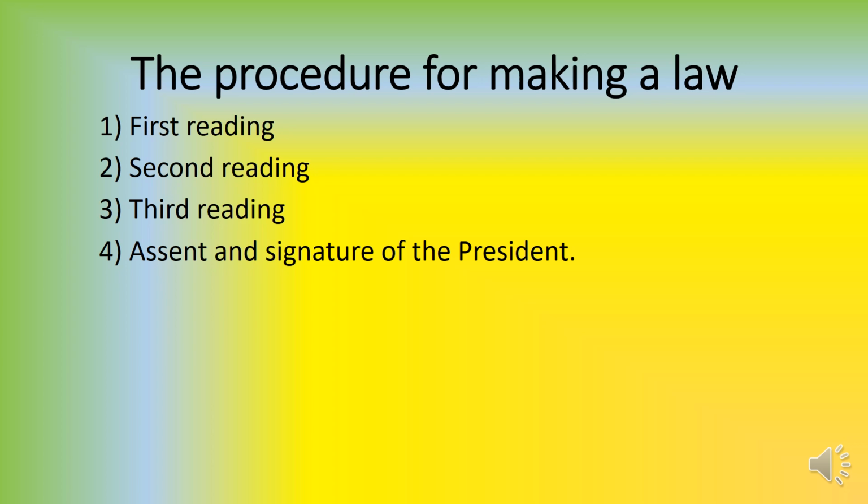The first stage is the first reading, then it enters the second stage, which is the second reading, followed by the third reading, and finally it goes to the president for assent or approval and the signature of the president. So let us see all these four in detail. We go to the first stage of making a law, that is the first reading.